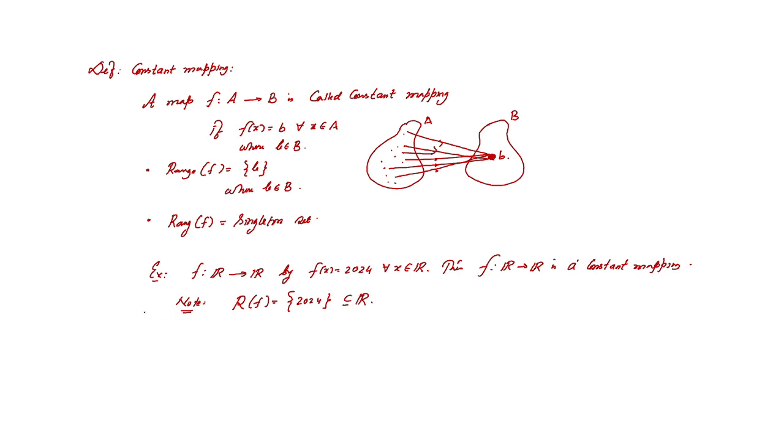Now we'll give another definition of another kind of mapping. This is called the identity mapping. So next definition about identity mapping. What is the definition of identity mapping?